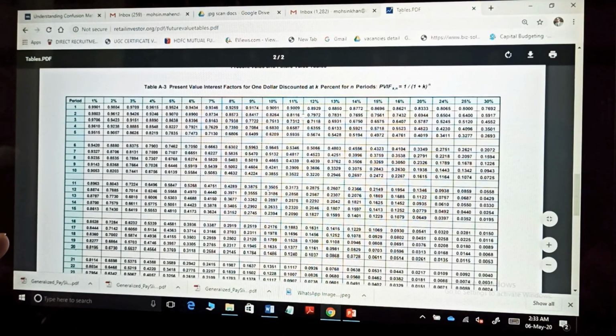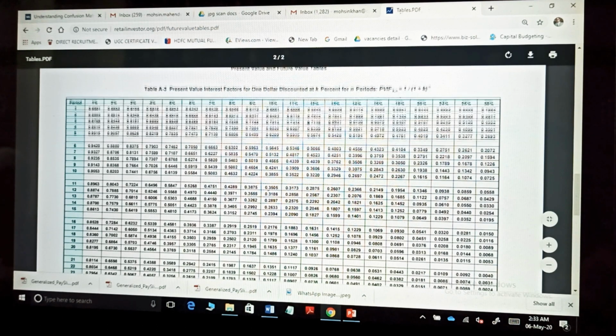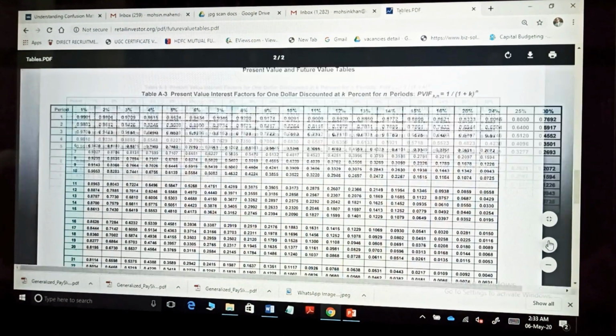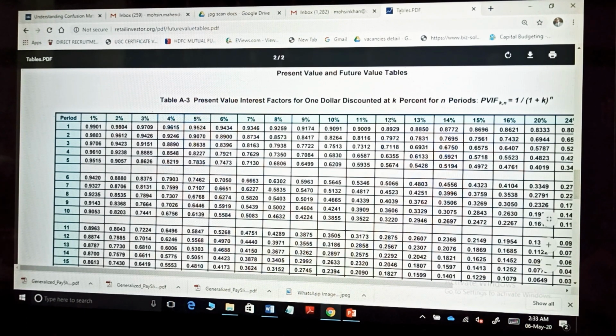You can check here that this is the table of present value and future value. As it is given in the question, 12%. This is the period column, and this is the row of percentage.